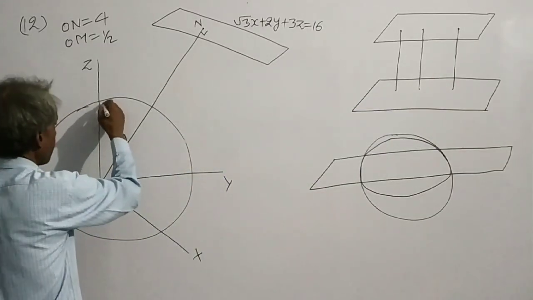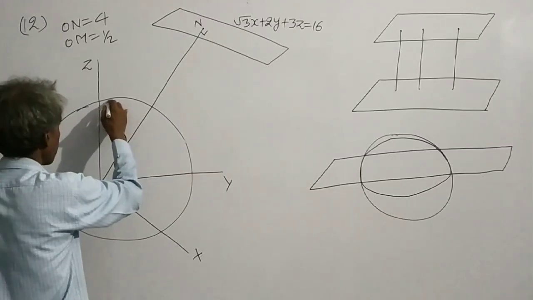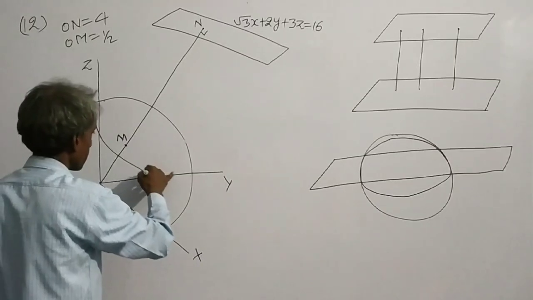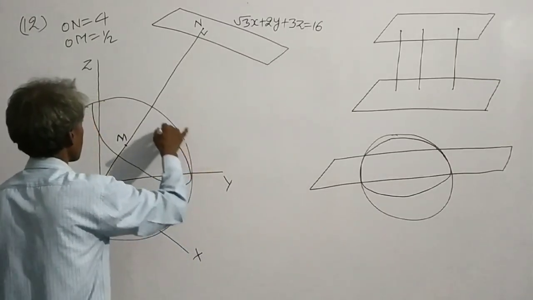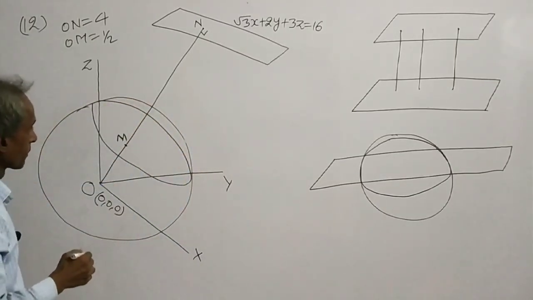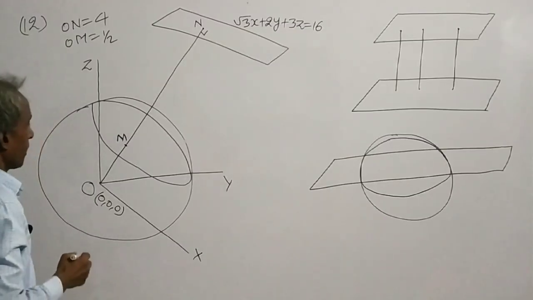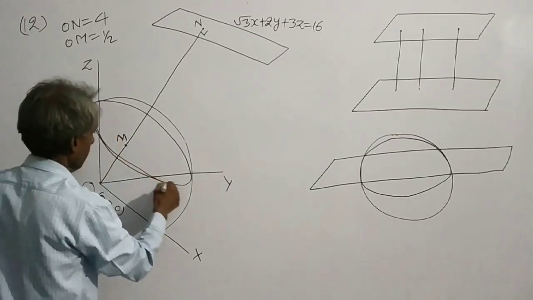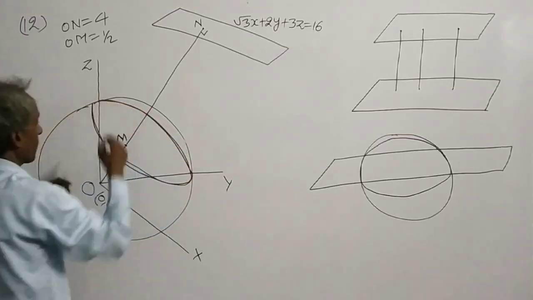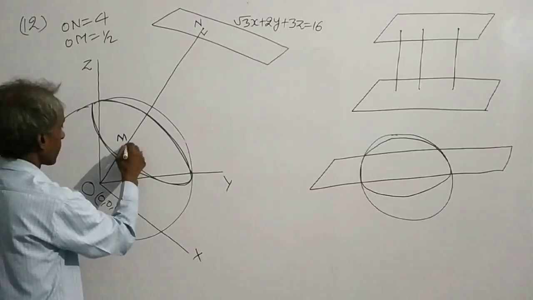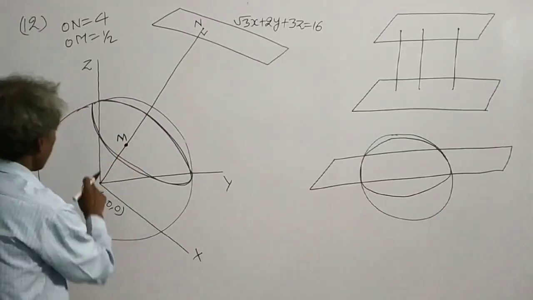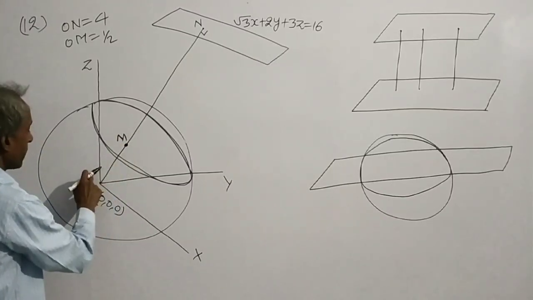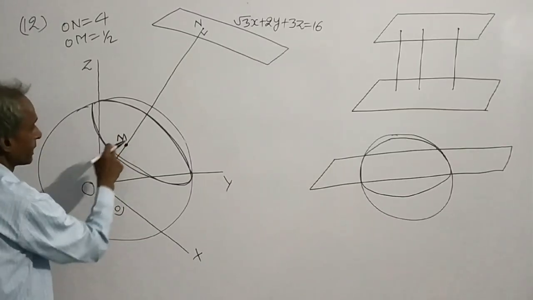So, when a circle is formed like this, the center of this circle is at point M. This center M is at a distance of half unit from the origin.